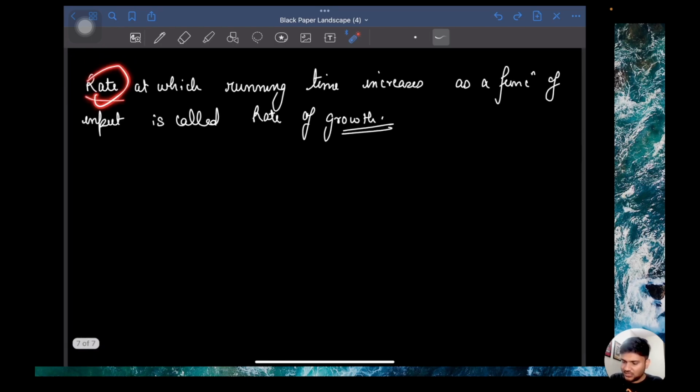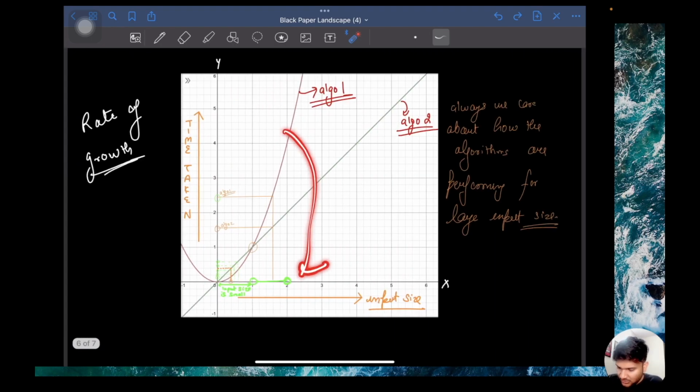And when I say rate, you mean how much the time is changing with respect to the input. If your growth rate is more, then your time taken will become huge, right? And if your growth is less, it is going to take less time.